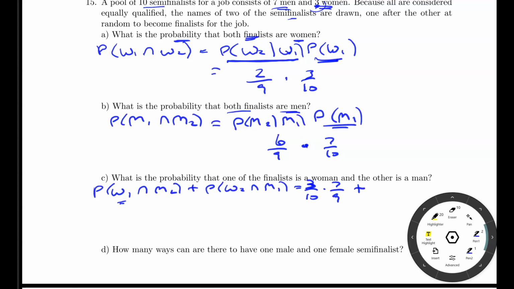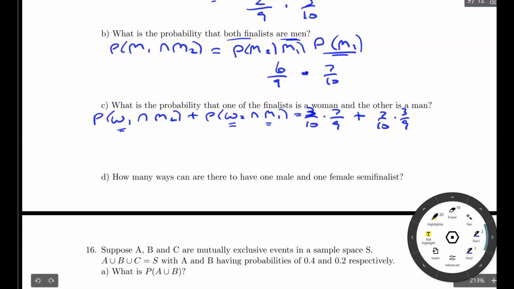Or then, okay, the second one is a woman and the first one is a man. So if the first one is a man, that's a 7 out of the 10. And then the second one is a woman, so out of the 9, I have 3 out of the 9 left. All right, how many ways? Oh, how many ways? That takes us back to old times.